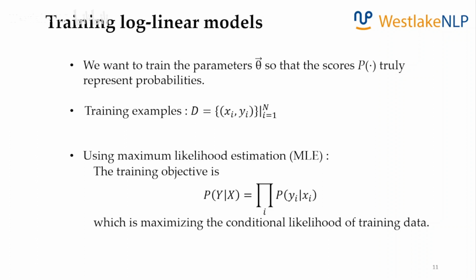Suppose that you have a set of training examples, X and Y pairs, where X is a document, Y is a class label. You want to train your model to fit the data, right? So this is the same as SVM and perceptron. But now, in order to get a probability, you apply maximum likelihood estimation.